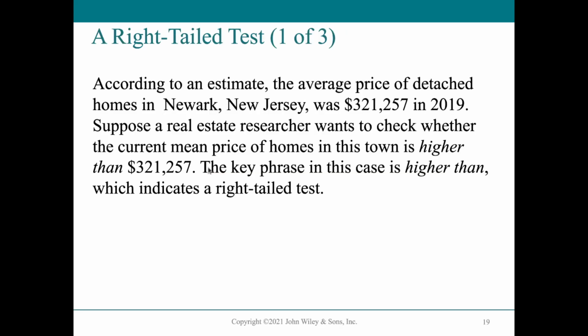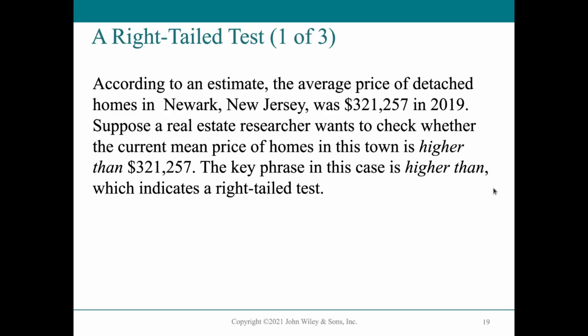And for a right tail test, if the left tail is for the less than assumption, the right tail is for the greater than or higher than assumption. So for example, according to an estimate, the average price of detached homes in Newark, New Jersey was $321,257 in 2019. Suppose a real estate researcher wants to check whether the current mean price of homes in this town is higher than $321,257.